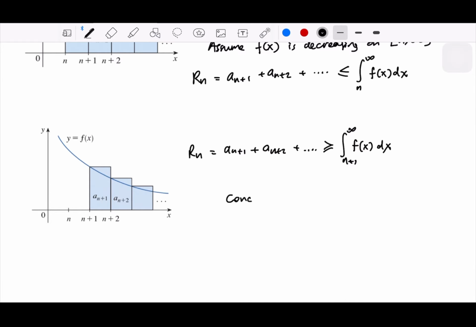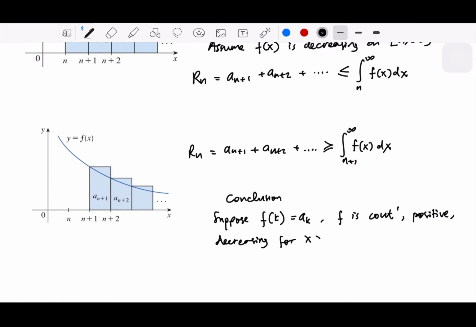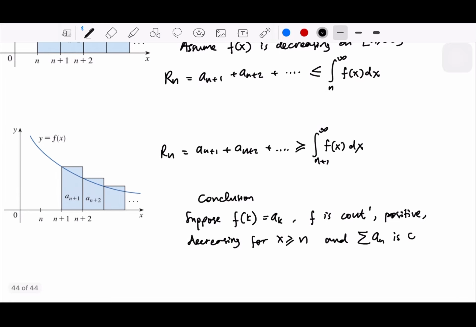So, conclusion: suppose f of k is a k, where f is continuous, positive, decreasing for x greater than or equal to n, and the series of a n is convergent.